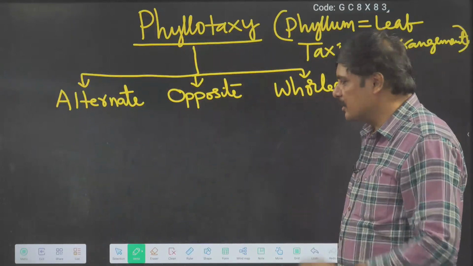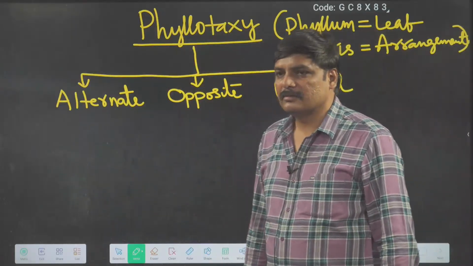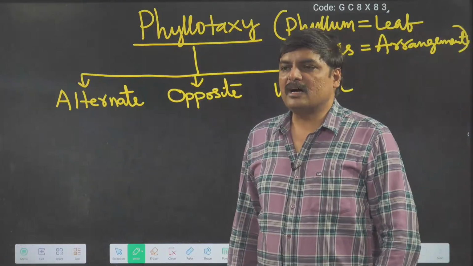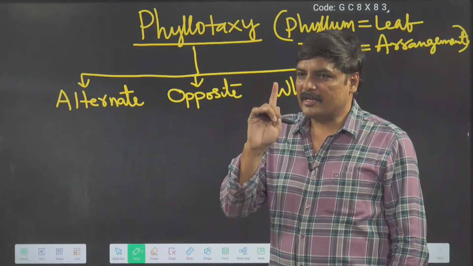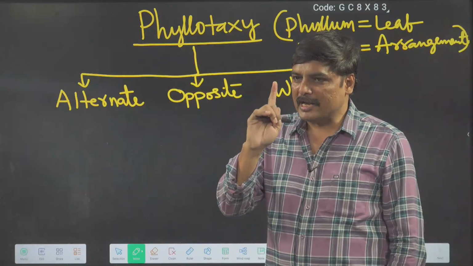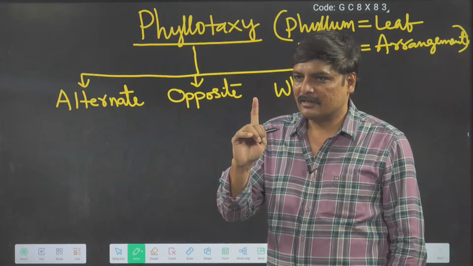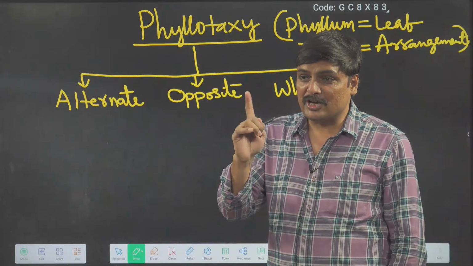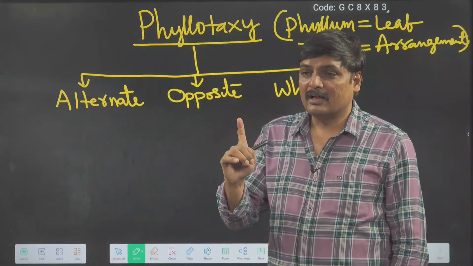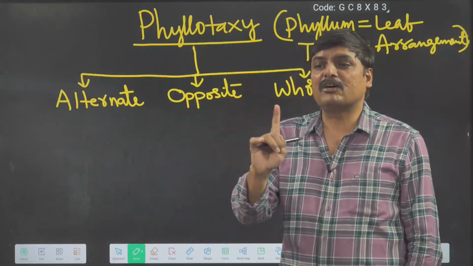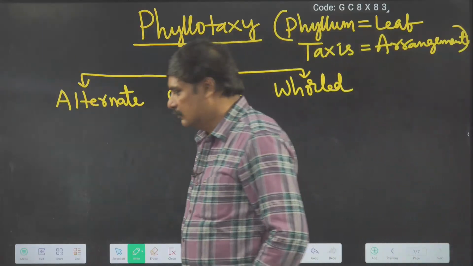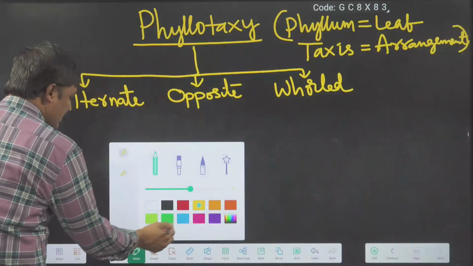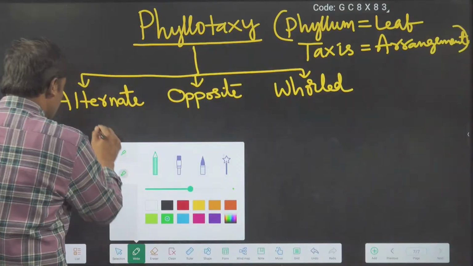What is alternate phyllotaxy? If at each node one leaf arises and the leaves are arranged alternately on the stem, it is called alternate phyllotaxy. For example, see here, this is the stem.